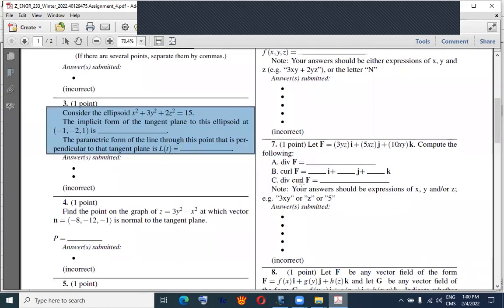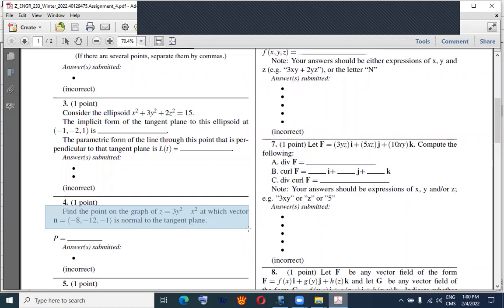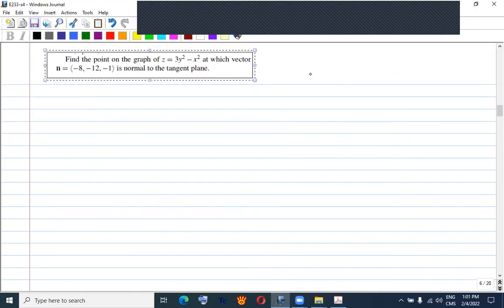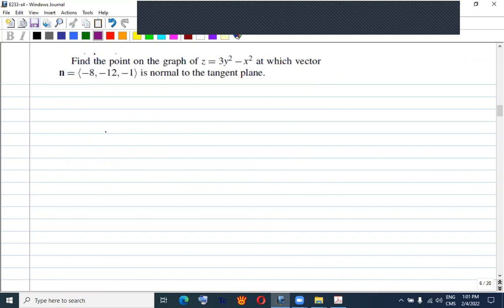Number 4. So this is a graph, a surface, let's say, at which the vector is normal to the tangent.